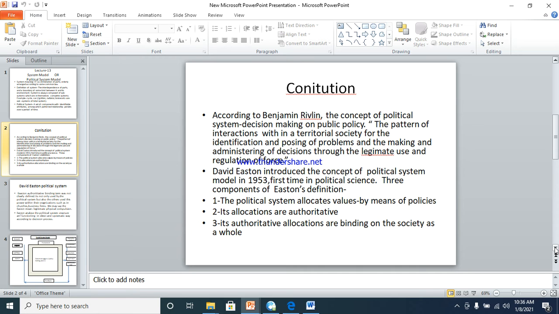The decisions are binding on the society because the state has coercive power and nobody can disobey the power of the state. If anybody disobeys the state, disobeys the government, or refuses to obey the policy of government, then the government will punish him through its coercive force.